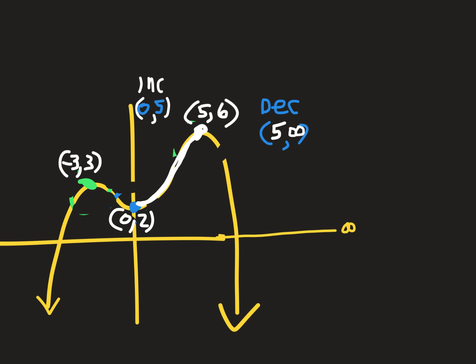All right. Now, there's only one other decreasing interval on the whole picture. Can you please tell me where's the other places it's decreasing? Remember, it's as you read from left to right.